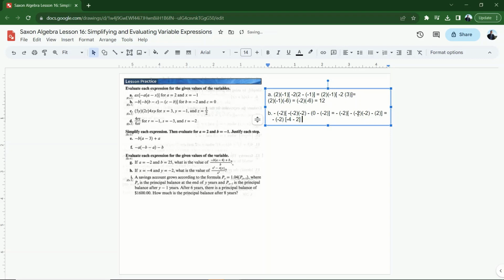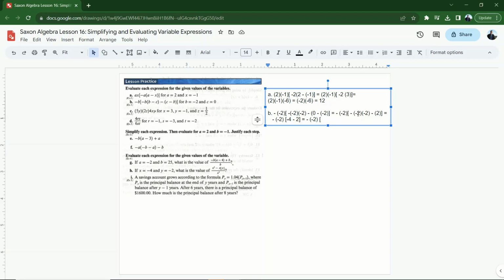All right, I still have to do what's in my brackets next. And I have -4 minus 2 in brackets. So I still have this -2 out front, but I haven't simplified all of my inclusion symbols yet. So -4 minus 2. I notice that I have the same sign on both of those numbers. If I change it to addition, it's going to be -4 plus -2, plus the opposite of 2. And I have the same signs on both of those, so I'm just going to add those numbers and keep the negative sign.